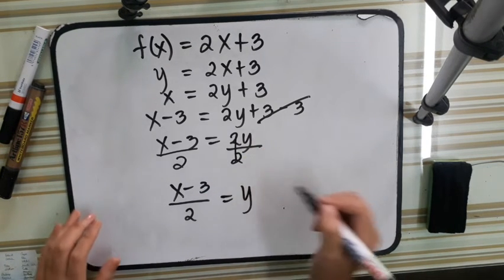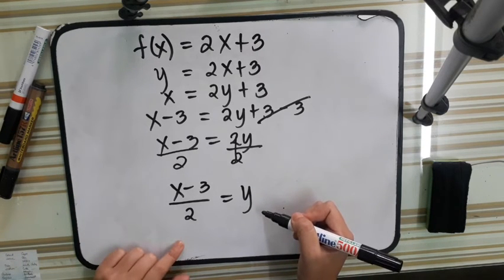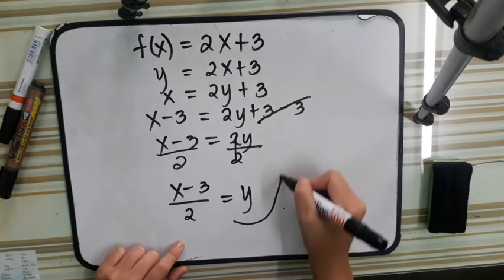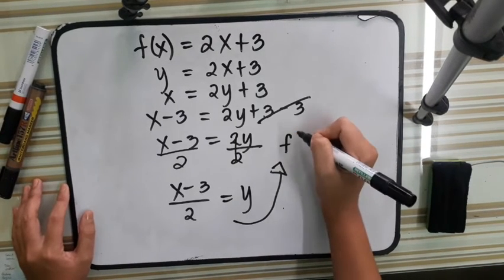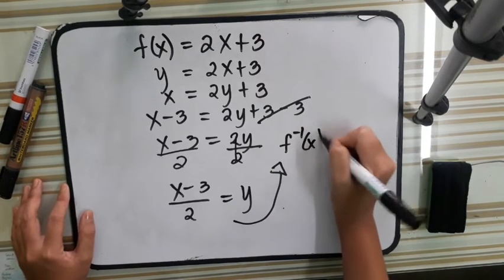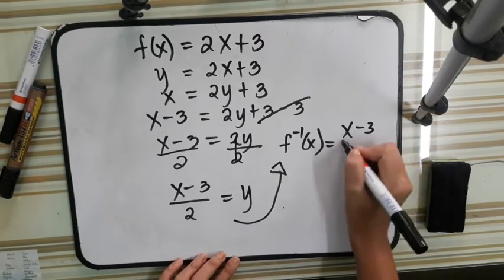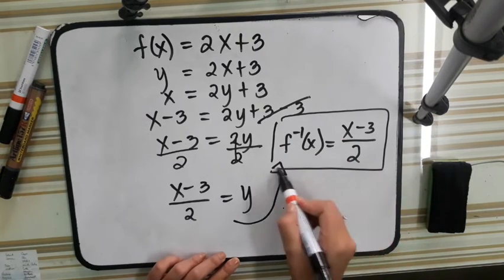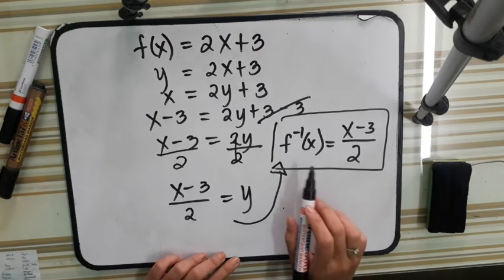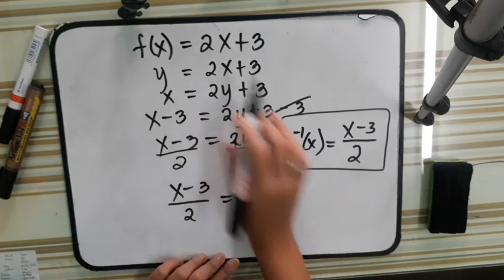So this will become y. Now this is the inverse of our function. Let's rewrite it in inverse form. So this will become f raised to negative 1x is equal to this one, x minus 3 over 2. This is the inverse of the function 2x plus 3.